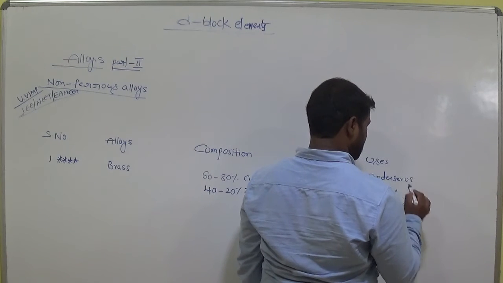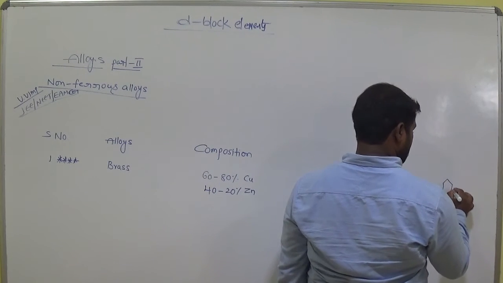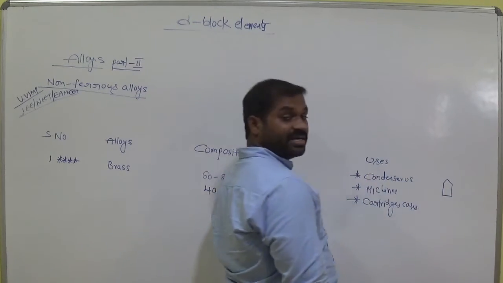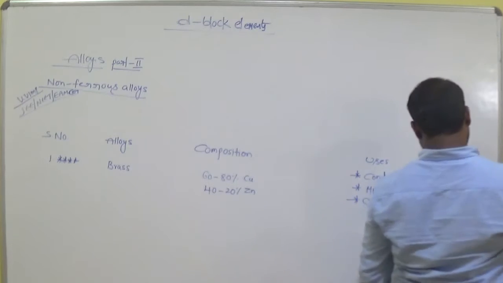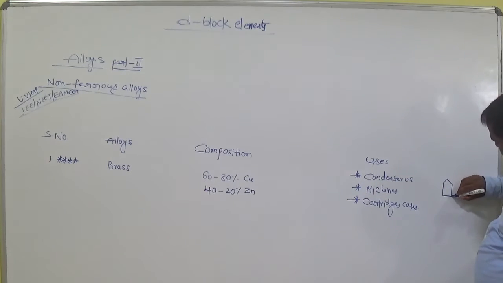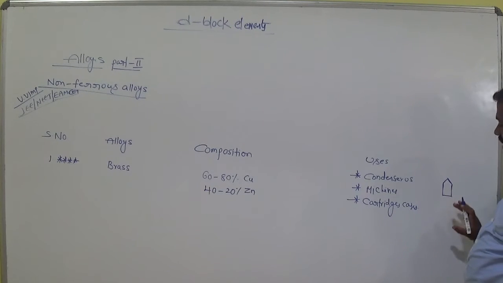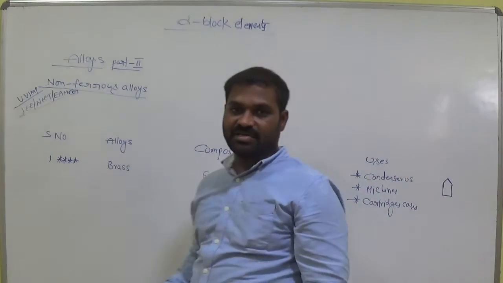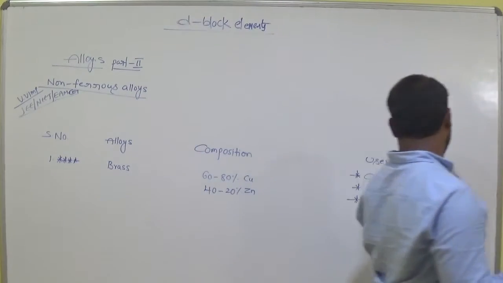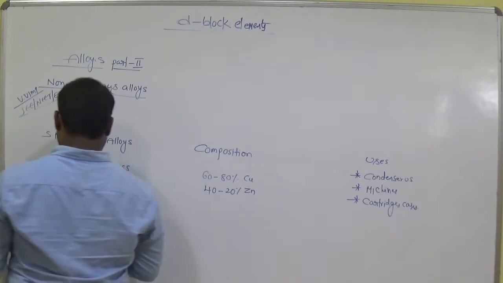Cartridge cases. Cartridges mean bullets. So bullet shells, chambers of weapons, missiles. Suppose this is the bullet; this device is prepared from brass. Remember this. So this composition is very important.